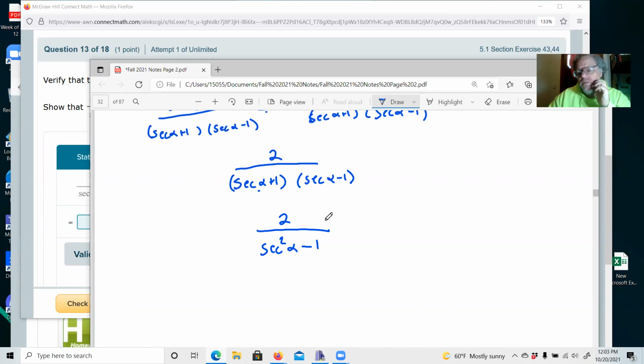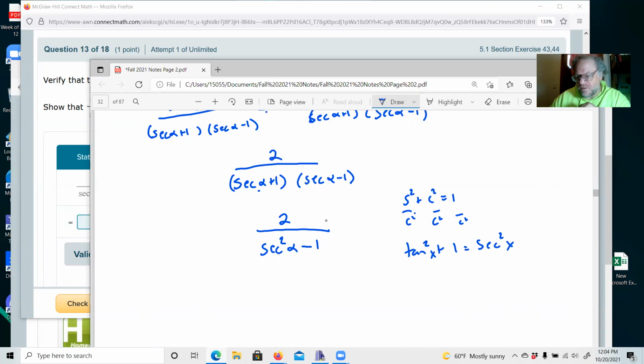All right, what's secant? So we have sine squared, see, I'm going to do my abbreviations here, divided by cosine squared. Sine over cosine is tangent, and tangent squared plus 1 is equal to secant squared.